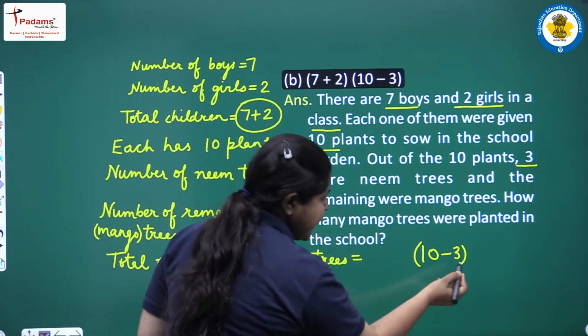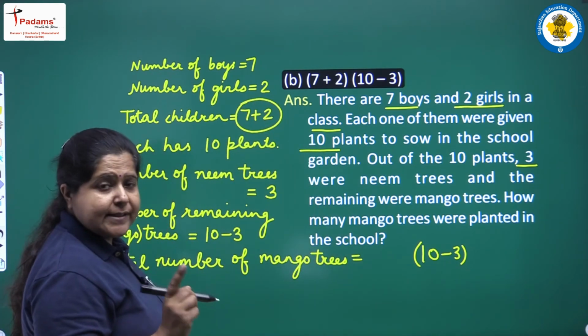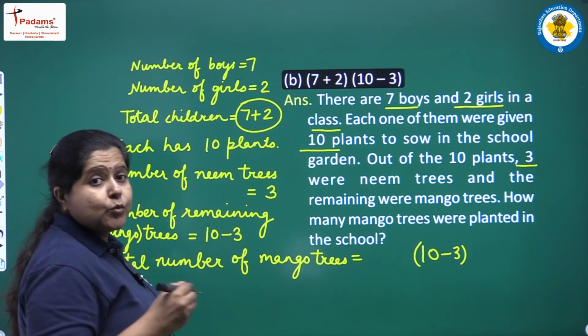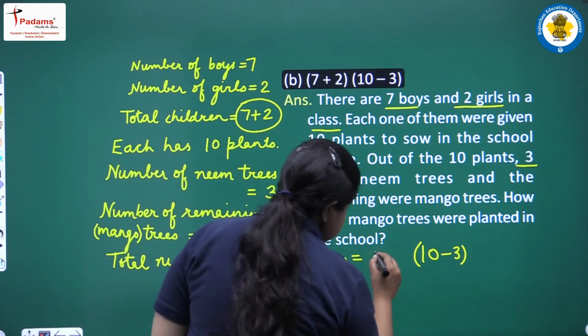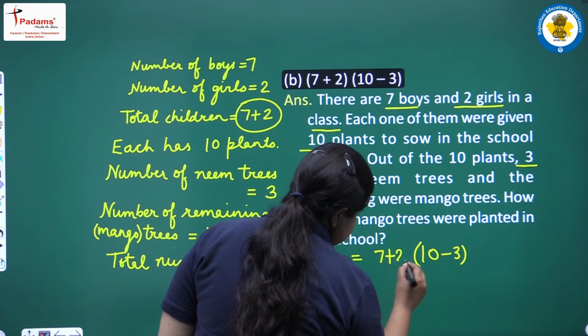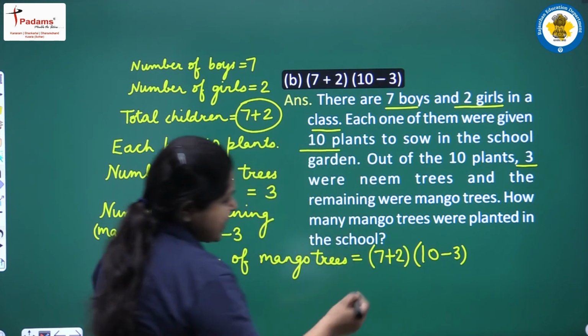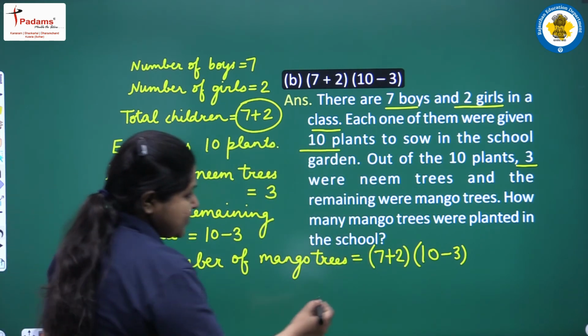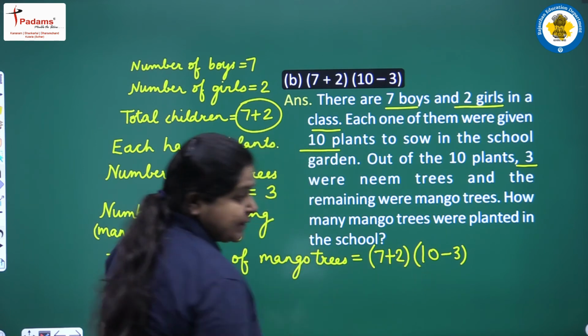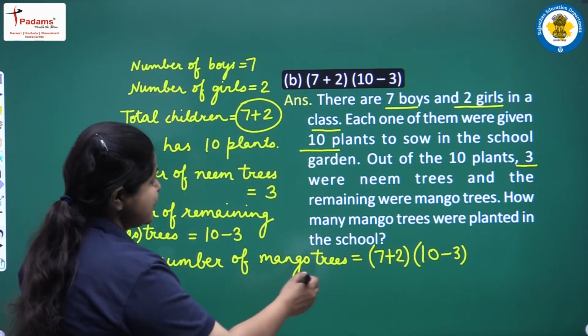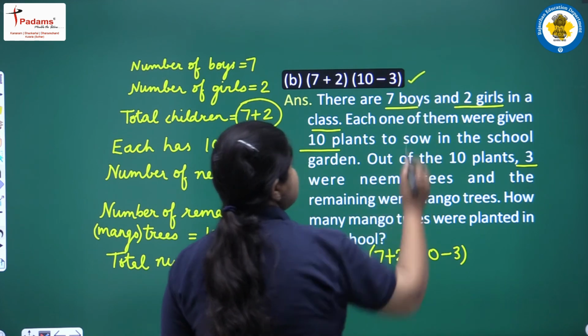So, one child has 10 minus 3 mango trees, and 7 plus 2 children will have, just multiply, 7 plus 2 into 10 minus 3. There is no sign in between, that is we are multiplying it. So, we are getting the same expression that has been asked.